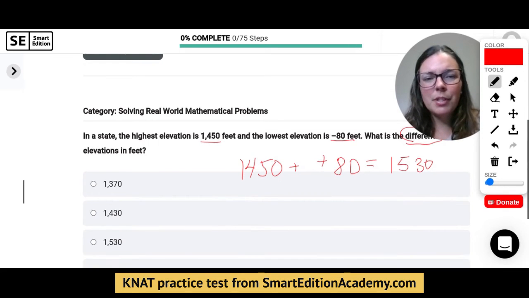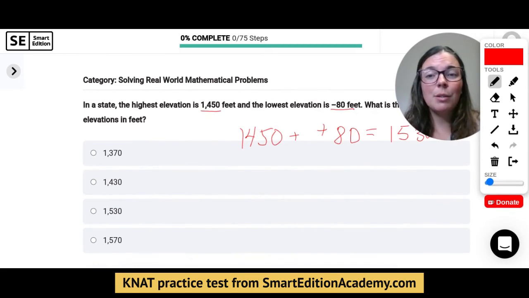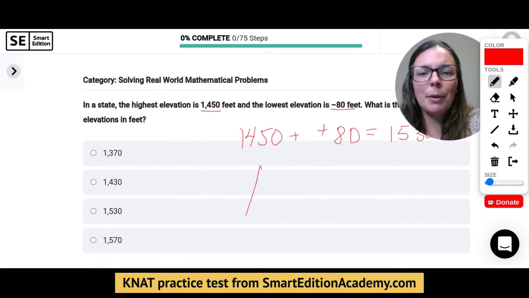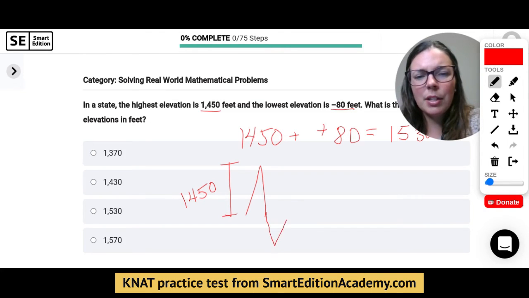It also might be helpful for some of you to just visualize what this means. So a high elevation, let's think about like a mountain, okay? So this is saying that this mountain is 1,450 feet above sea level. Now, the lowest elevation, maybe this is a valley or something like that down here, is -80.